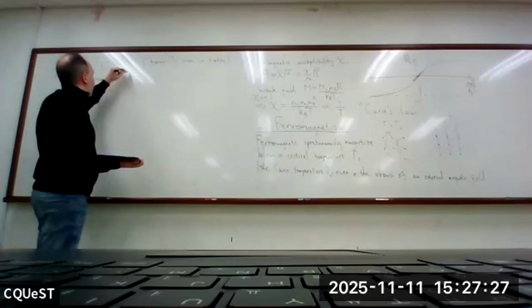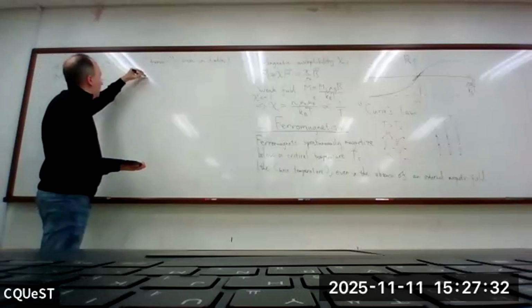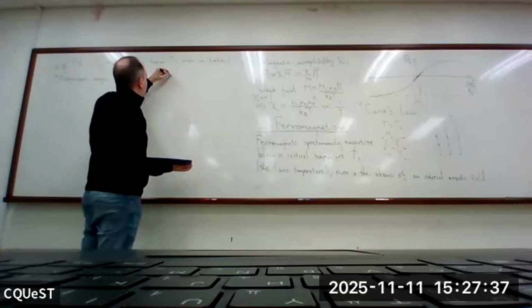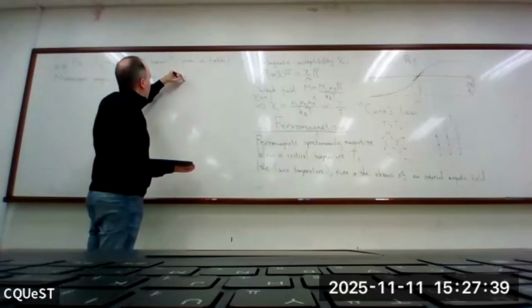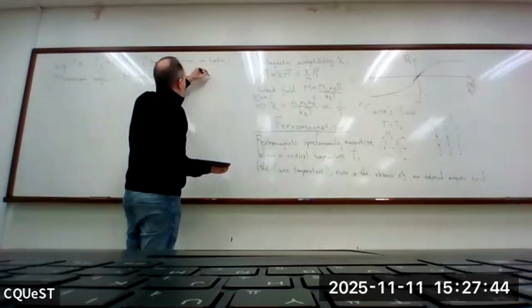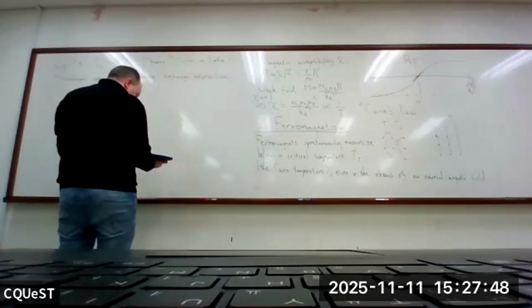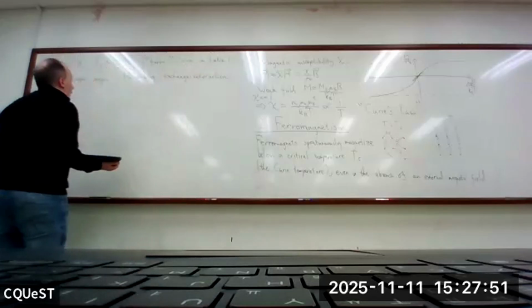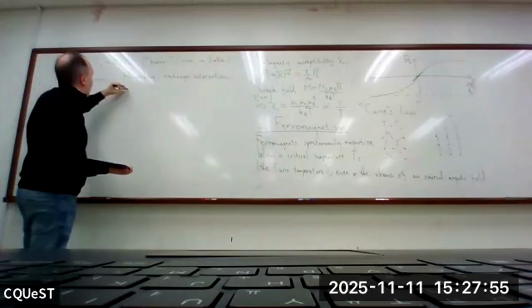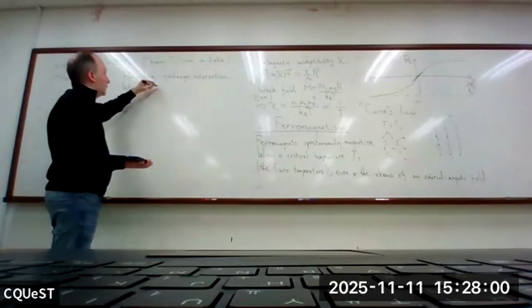And it comes from a Heisenberg-style exchange interaction, which is present between unpaired electrons.